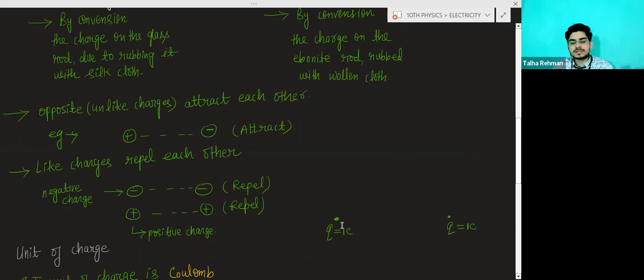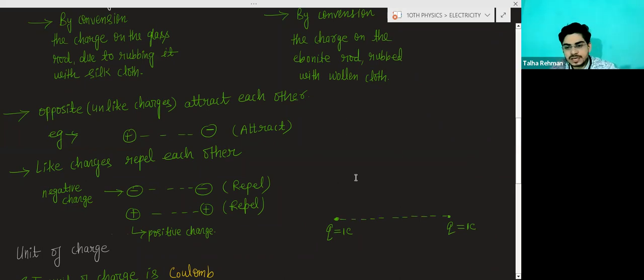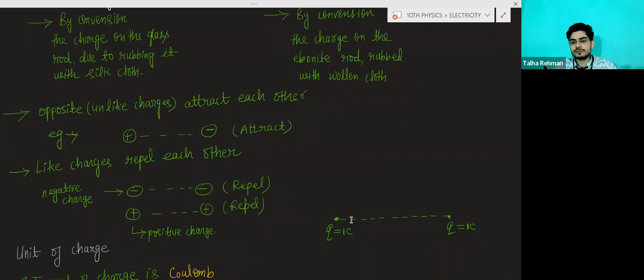If both charges are positive, there will be a force of repulsion. If both charges are negative, there will also be a force of repulsion. So we will not say force of attraction or force of repulsion. We will say force of interaction.